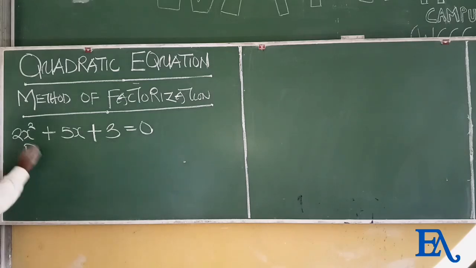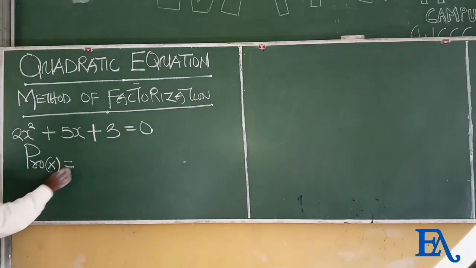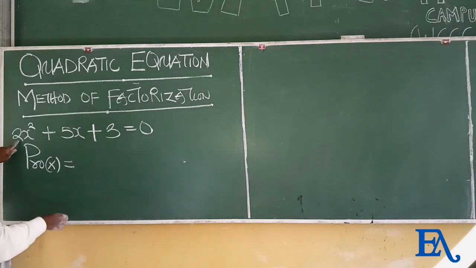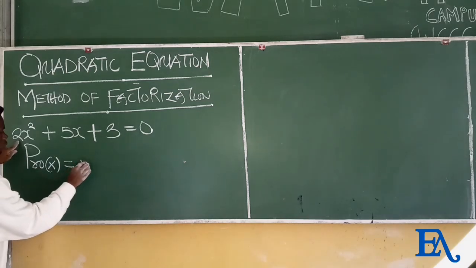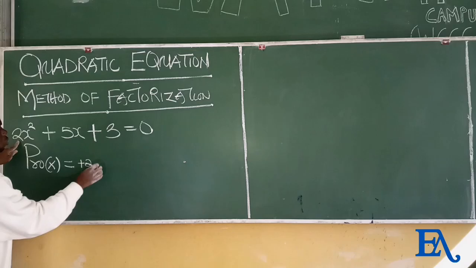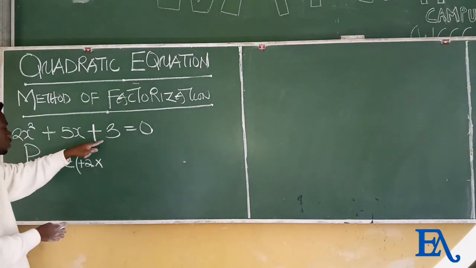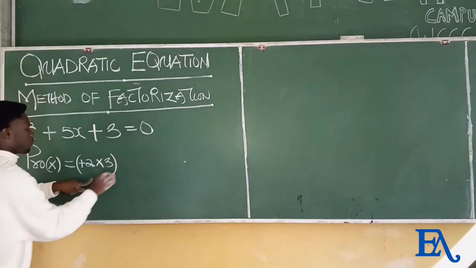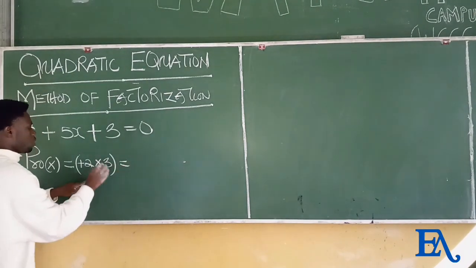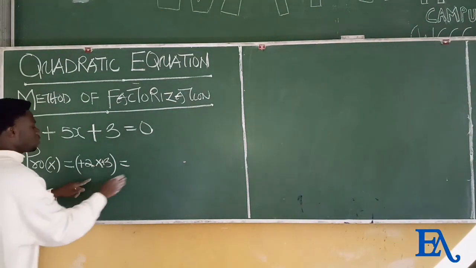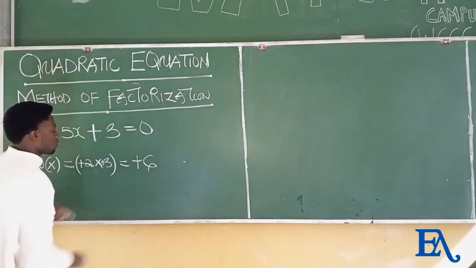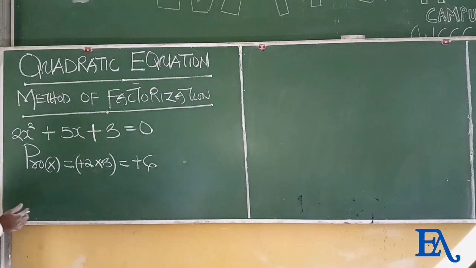Therefore, the product, which means times, is the coefficient of x squared, plus 2, times the constant term, 3, which gives plus 6. Ensure you write the sign behind.